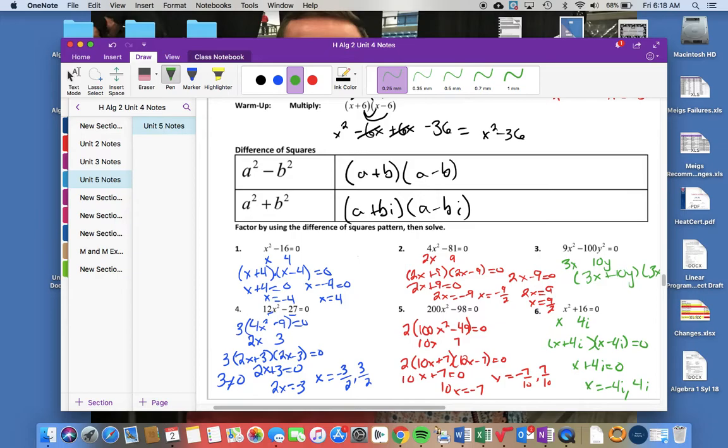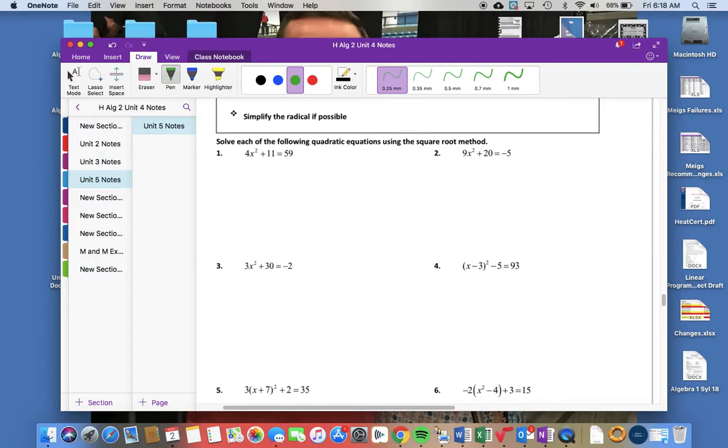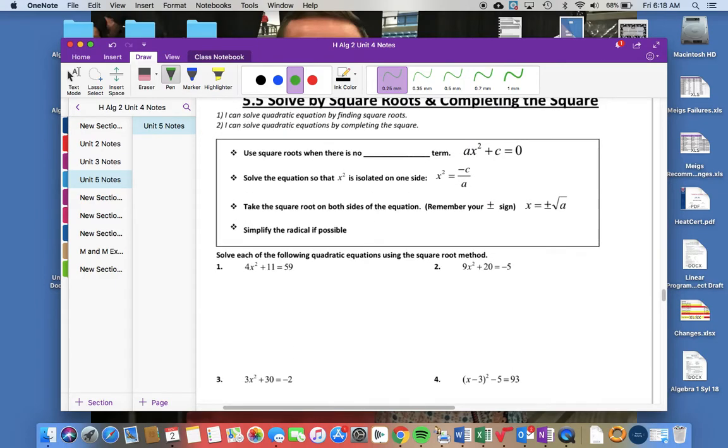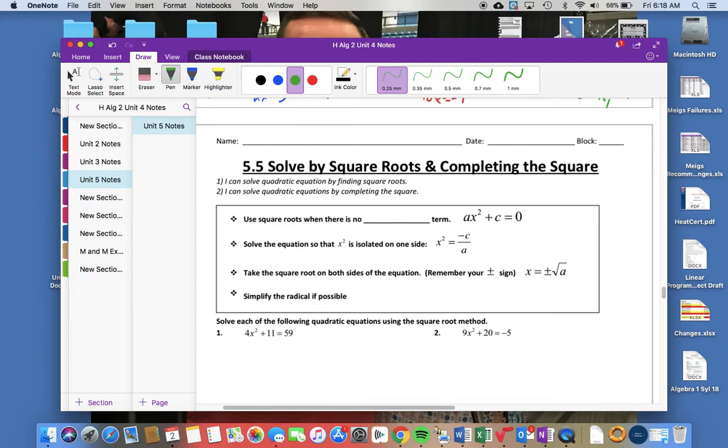Now we've got this kind of special case of factoring that we can use, and then we'll continue to see some different ways to solve. On Monday, if you wanted to preview that, we're going to be looking at solving by square roots, as well as going back to completing the square. So if you have kind of forgotten about completing the square, there's going to be something that's going to be coming back. We'll be looking at that in a couple days on Monday.